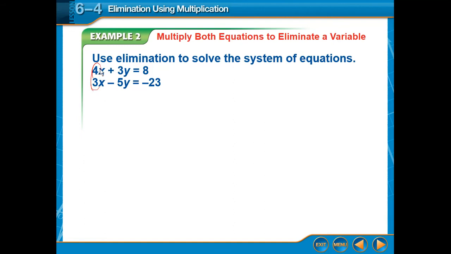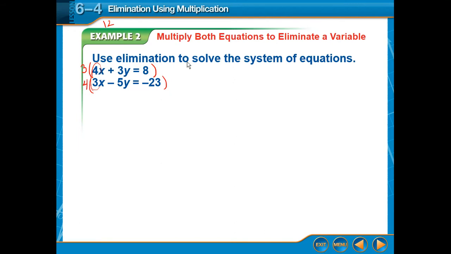The least common multiple of 3 and 4 is 12. You can multiply each of them by a number to get to 12, and that's the least number we can find. So to get 4 to be 12, I want to multiply it by 3. And to get 3 to be 12, you need to multiply it by 4.